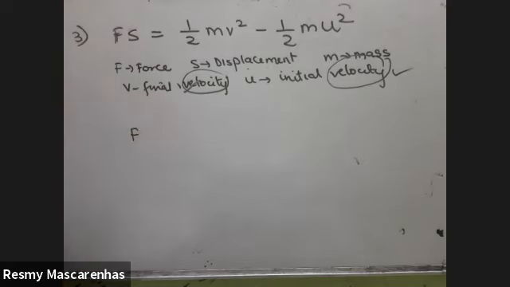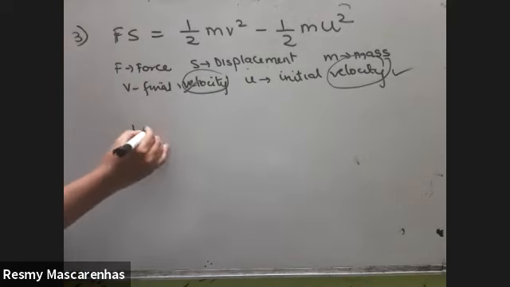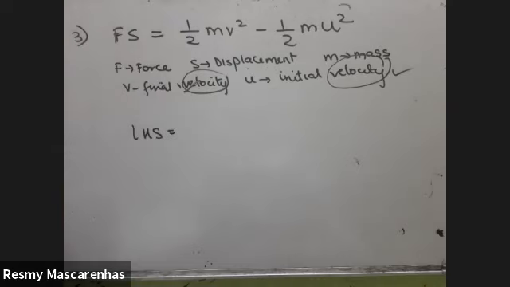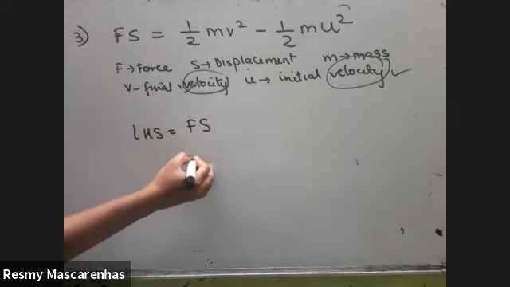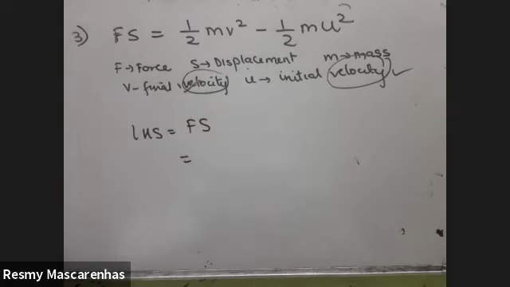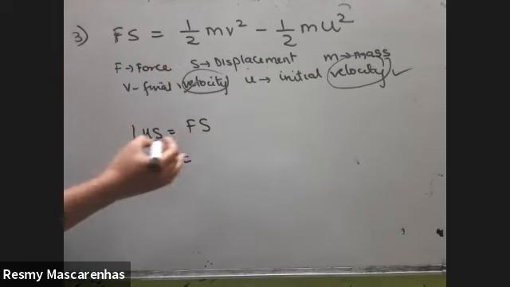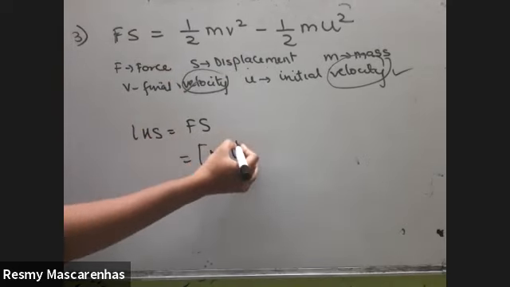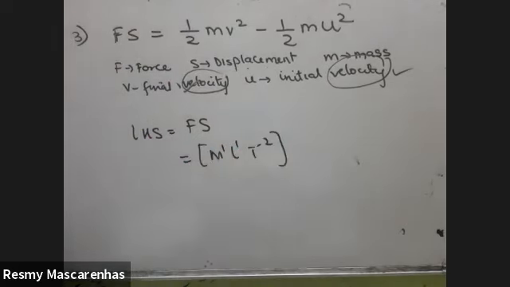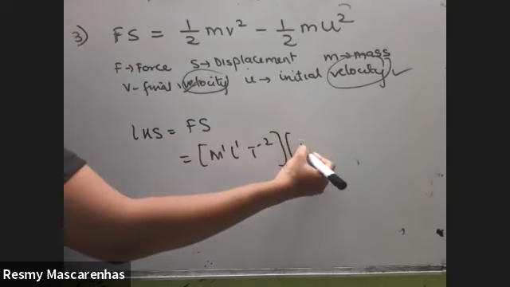This is the left hand side. So put the dimensions of force, and put the dimension of displacement, that is length. So force is M1 L1 T minus 2.